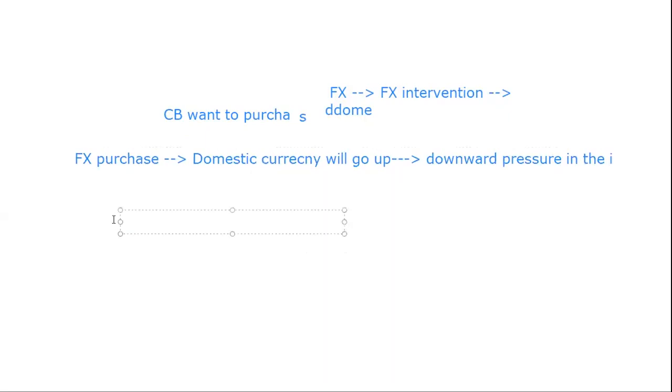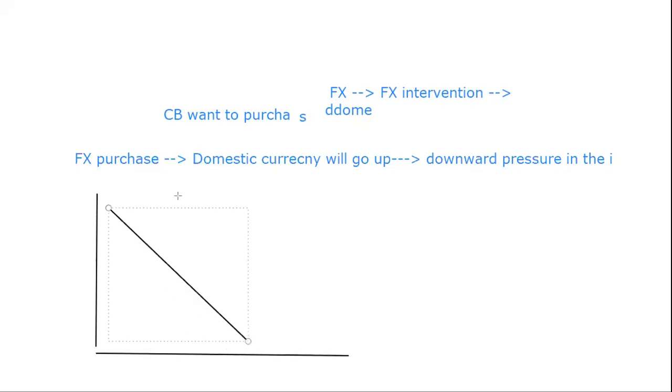So if I draw the impact also, this is the money demand, this is the money supply, and this is the determined interest rate.